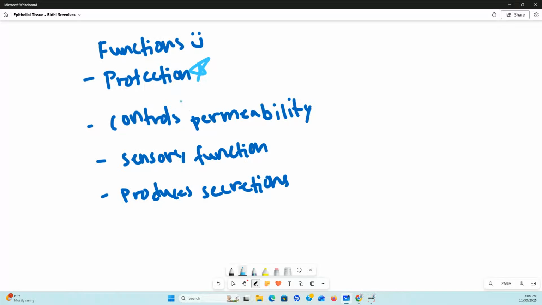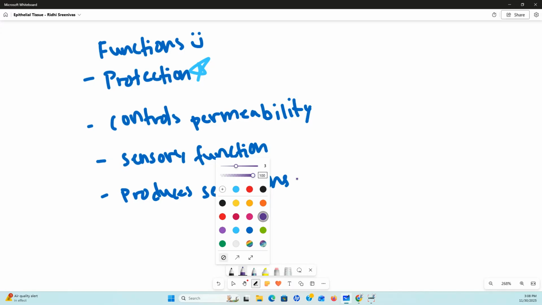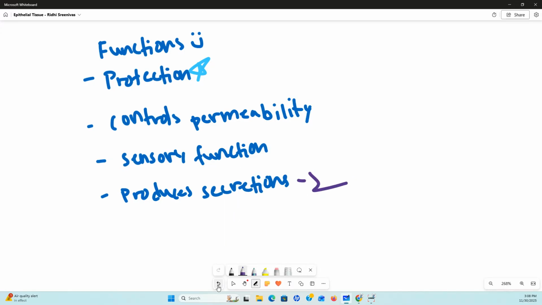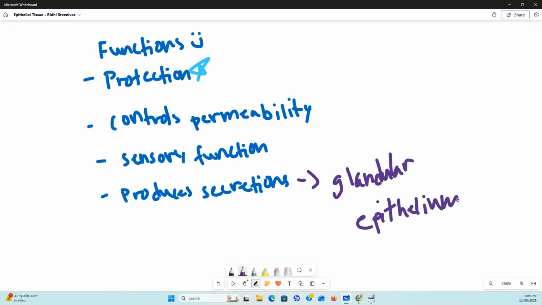So let me just write that down real quick. Glandular epithelium. Sorry, I'm just talking, but I'm not writing anything. Did I spell epithelium right? Okay, I think I did.